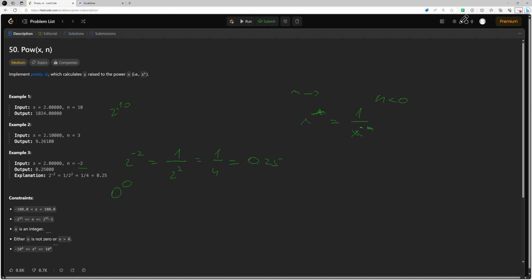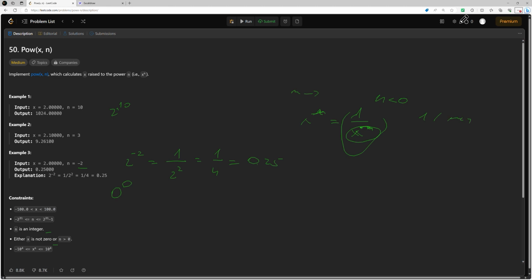And because n is negative, minus n will be positive. So we can just calculate the positive power and then do 1 divided by the result we receive. So that's the first thing.